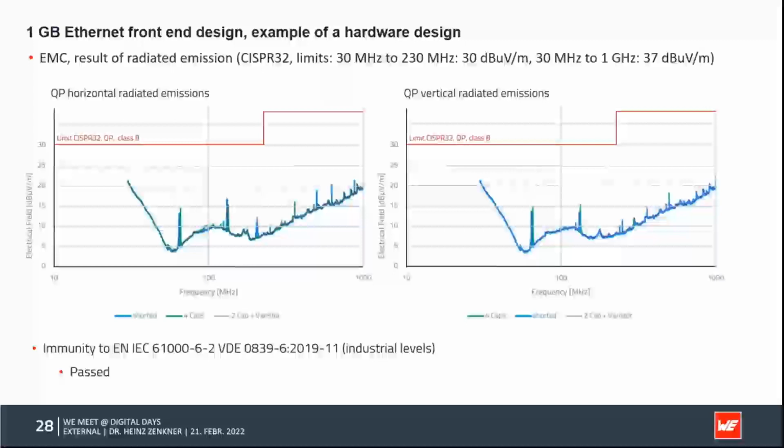Yeah, high immunity against all the bursts and surge and radiated immunity requirements. And you can see more than 15 to 20 dB distance in the radiated emission.